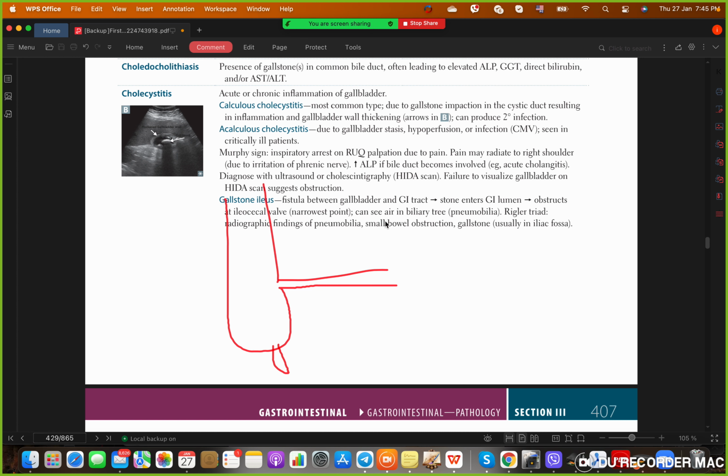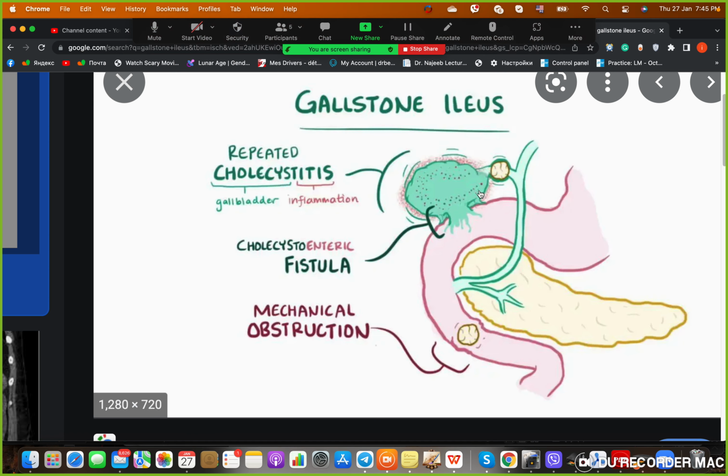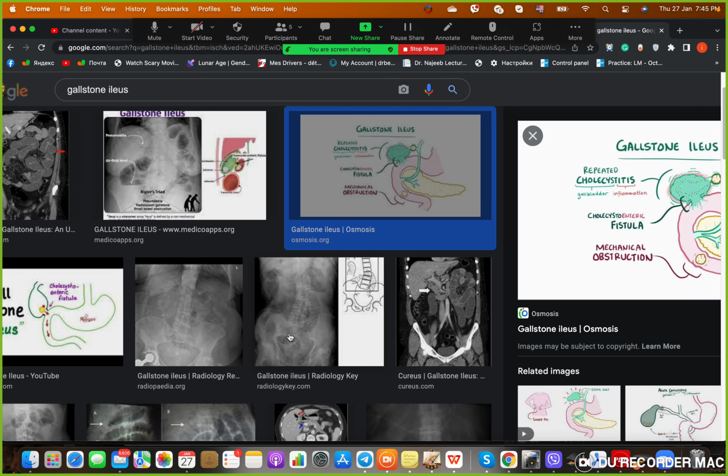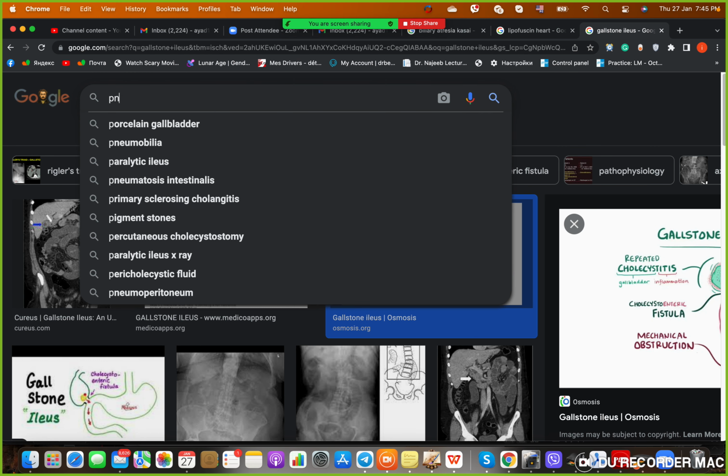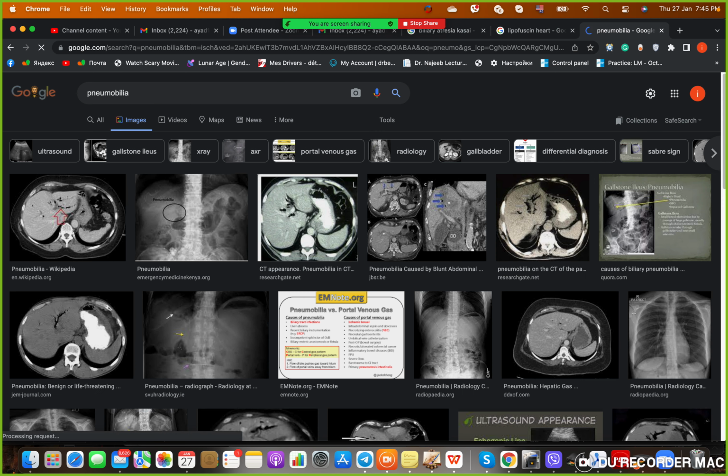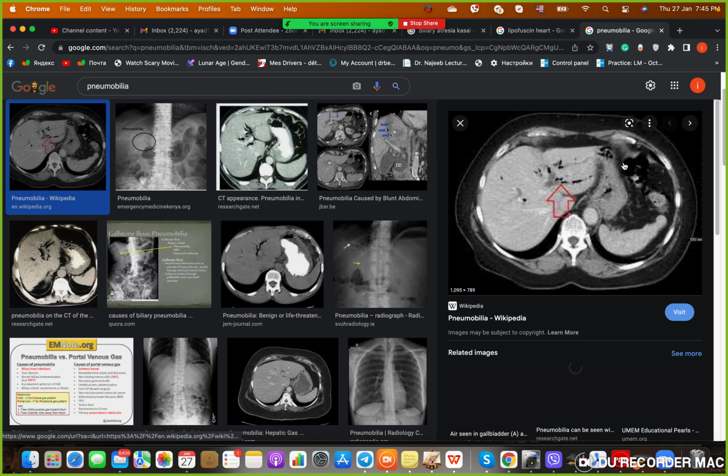So, I will show you this. One of the signs is that you will be able to see air inside of the biliary tree, which is known as pneumobilia. So let's take a look at that. There will be air inside of the biliary tract.